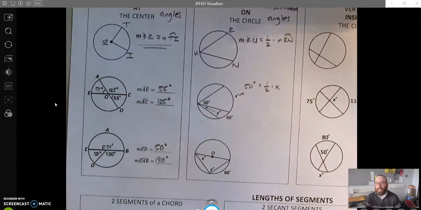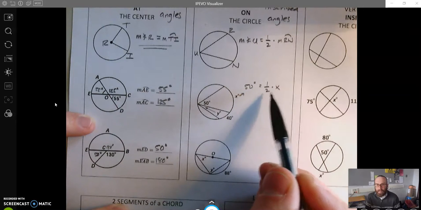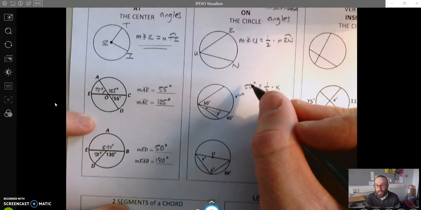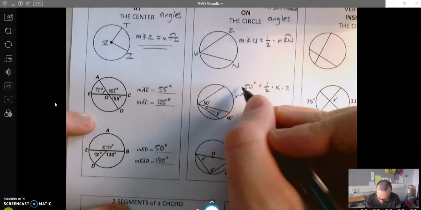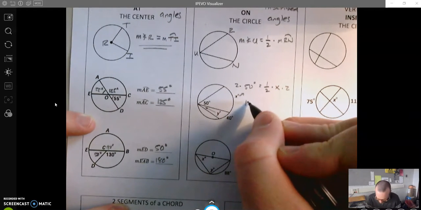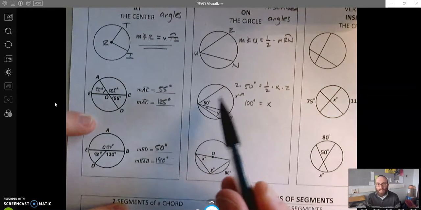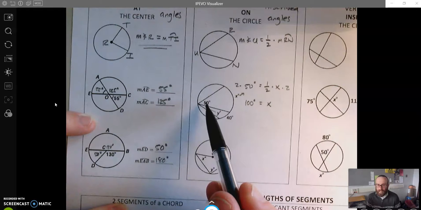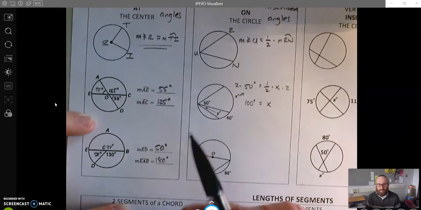That's exactly how I'm going to set up my problems, by reading and translating that. The angle is half of the arc. I can either do 50 divided by 0.5 or times 2 on both sides. Either way, the arc is going to be 100 degrees because the angle is half of that. 50 is half of 100.